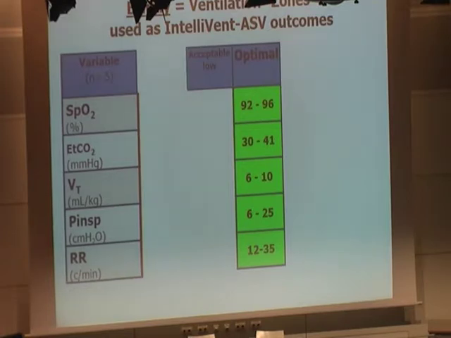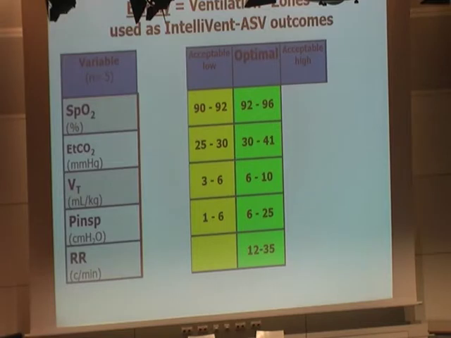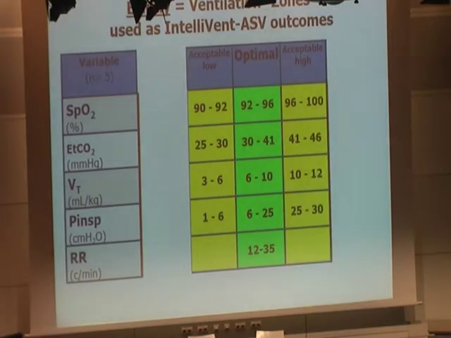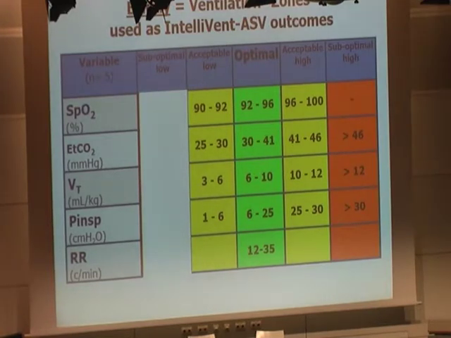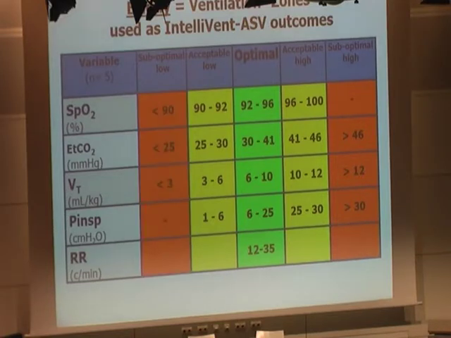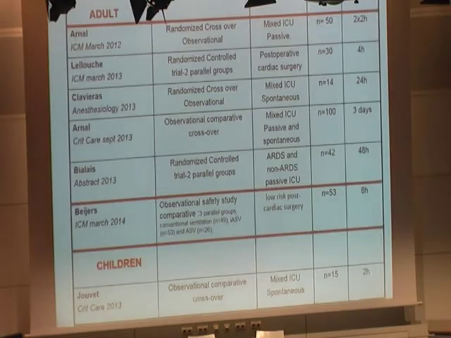However, you have acceptable low, as you see here, and acceptable high values. You can also set the values that you want to obtain. However, you have here the suboptimal high, which the machine should change, and you also have the suboptimal low value. This is the concept of the ASV mode.